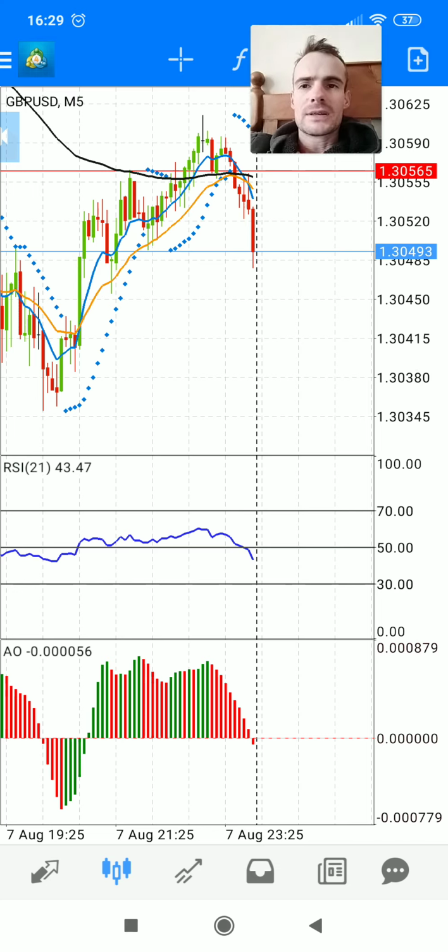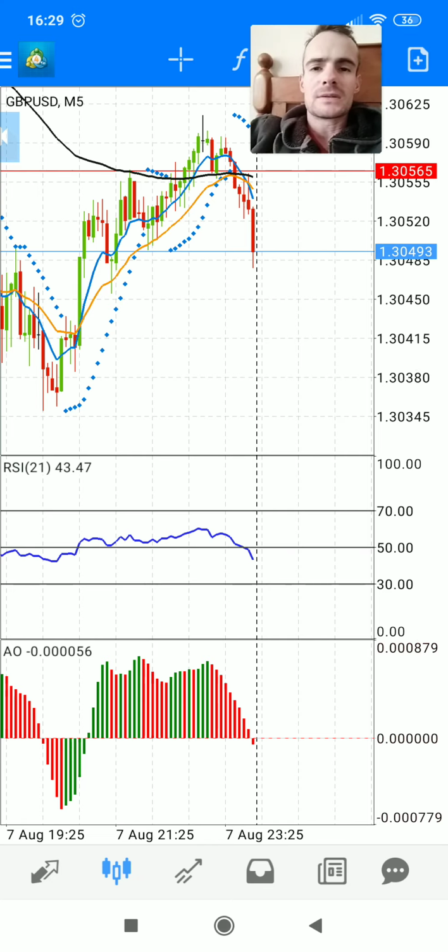Then we've got the RSI, which is modified to 21, so it gives you less signals, so it provides you with perfect entries. And then we've got the awesome oscillator, which is set to standard settings. I've got the EMA set to 4 pixels, and the awesome oscillator also set to 4 pixels.